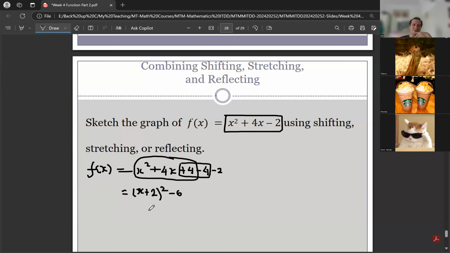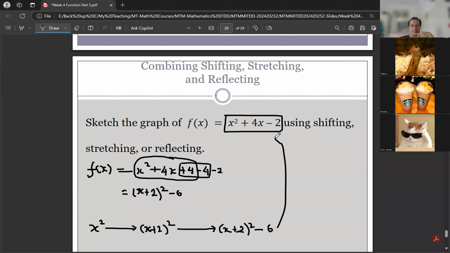Now, from here we already know what the original is. The original will be x squared. After that, we transform to (x plus 2) squared. After that, we become (x plus 2) squared minus 6.